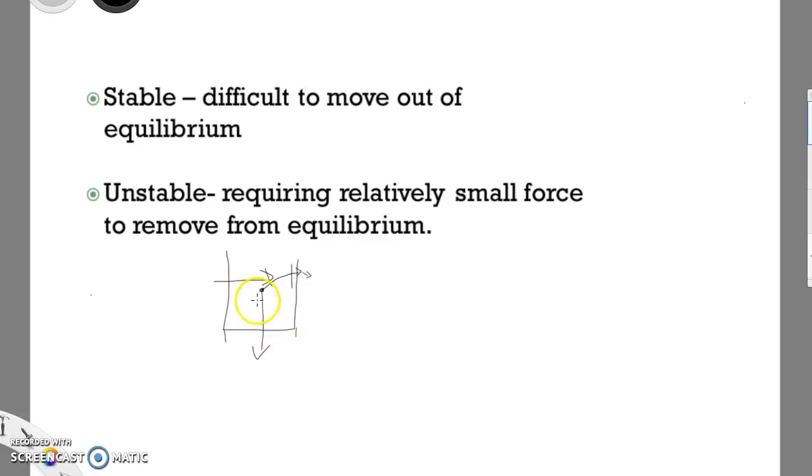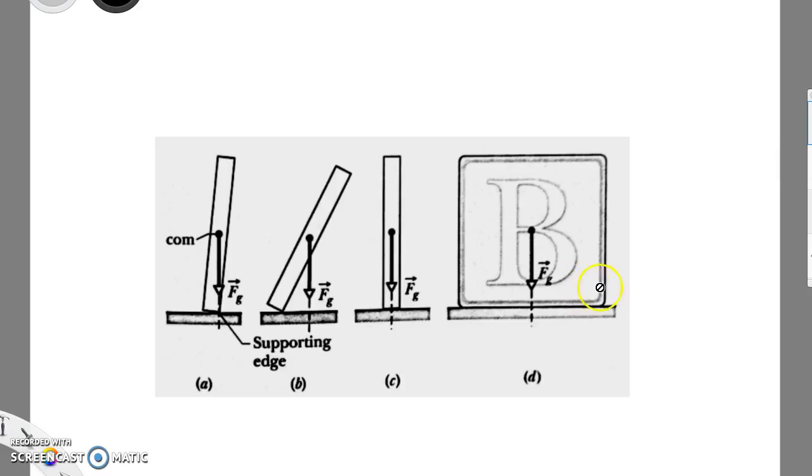Okay? And so things that are easy to tip, that are unstable, have very narrow bases relative to their center of mass. And things that are stable have the center of mass further down relative to their base. Okay, let me show you an example of that. So we have a couple objects here. This would be kind of like a book that's on its end, and this would be maybe like a block that kids play with or something.